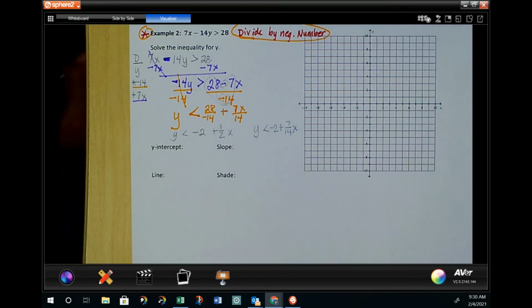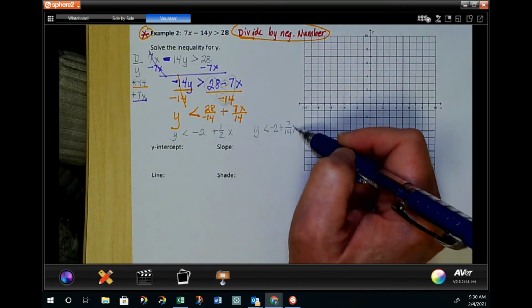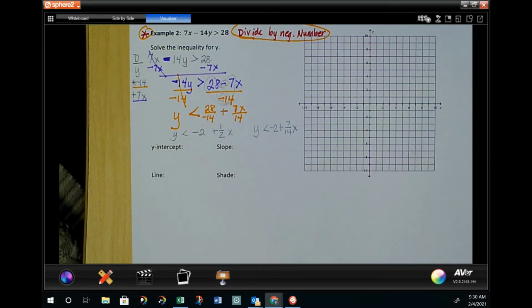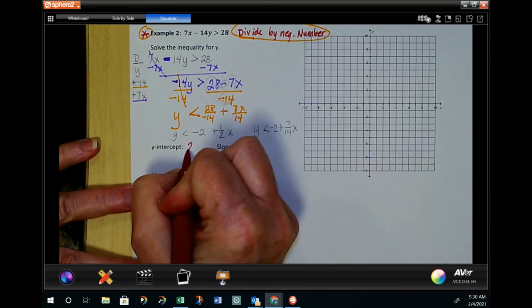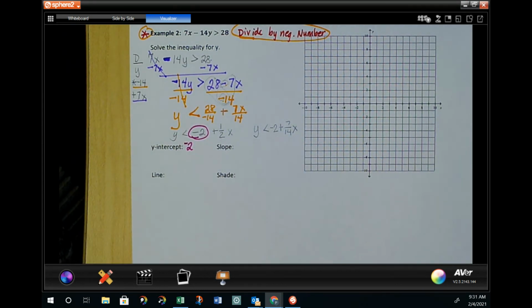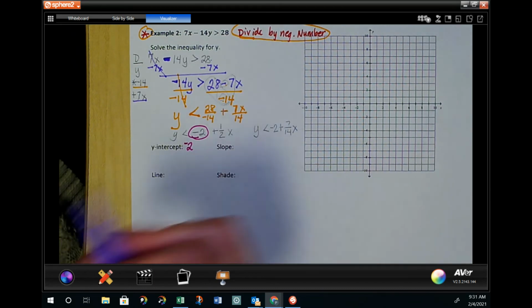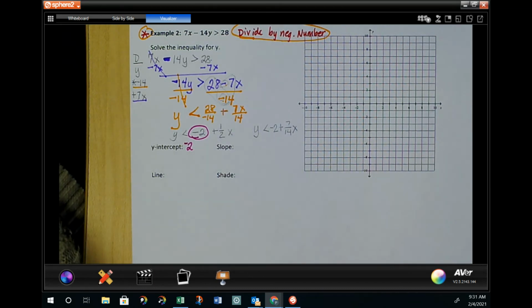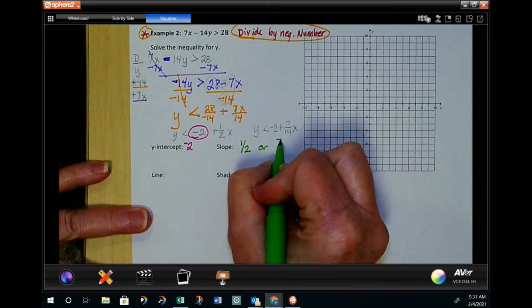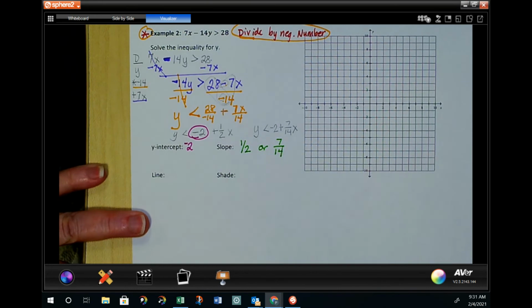It's just sometimes you don't have enough to go rise over run, 7 and 14. So your y-intercept is just going to be that negative 2. That's your y-intercept. And your slope in this case is going to be 1/2, or you can say 7 over 14.